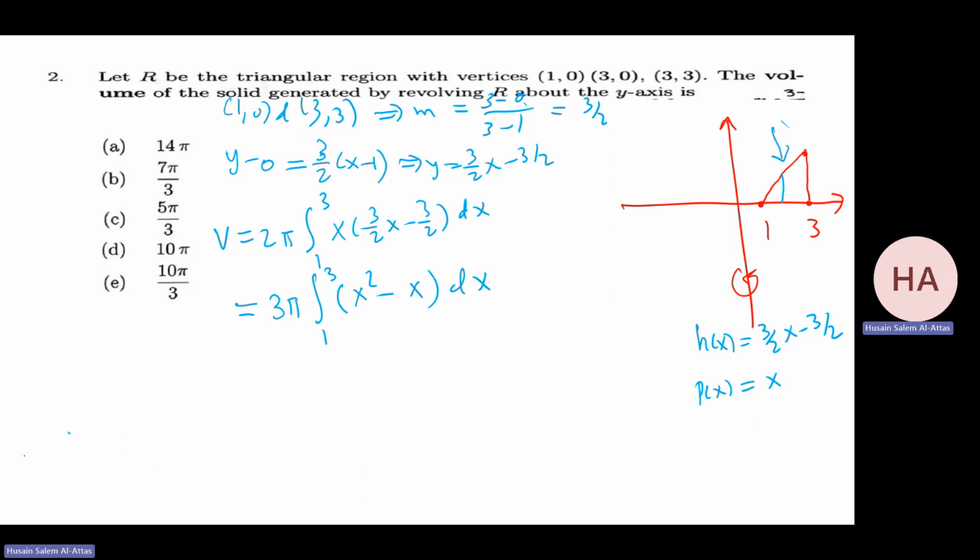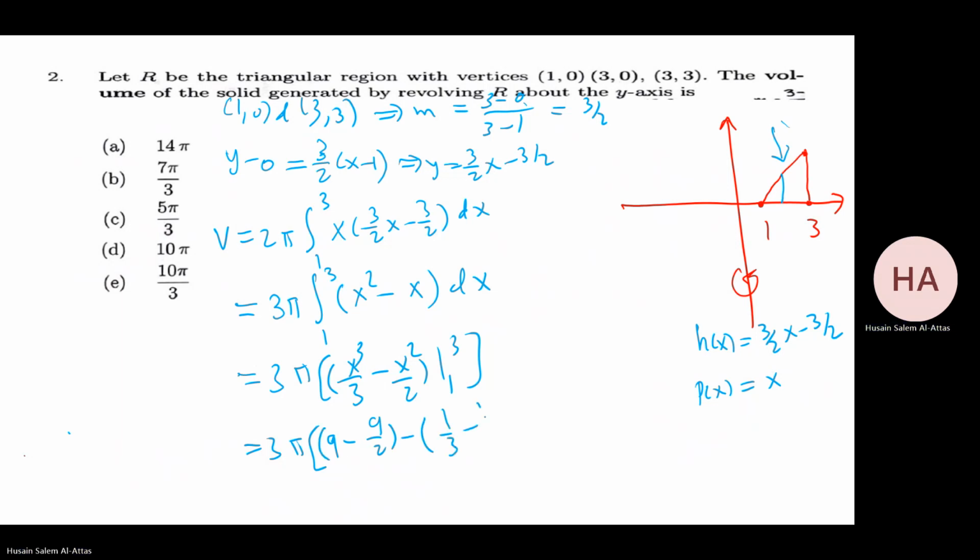I think that will make it easier. So I have 3 pi times x cubed over 3 minus x squared over 2, from 1 to 3. That gives me 3 pi times what? 3 cubed, 27 over 3, that will be 9, minus 9 over 2, minus 1 over 3, plus half.